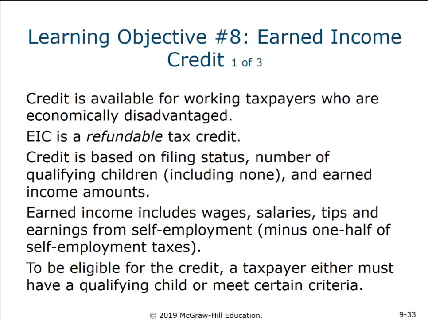So what do we talk about? Earned income: wages, salaries, tips, earnings from business, the stuff we talked about earlier in chapter 6 in terms of self-employment income or income from pass-through entities, that sort of thing. At some point it phases out entirely, meaning that there's no credit, and you have to have, like I said, earned income, but you can't have too much unearned income either.